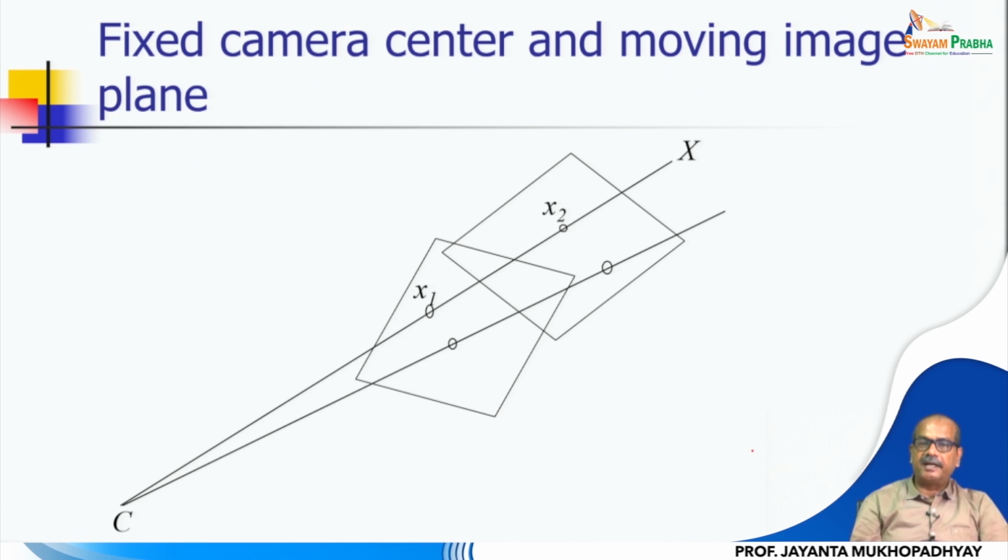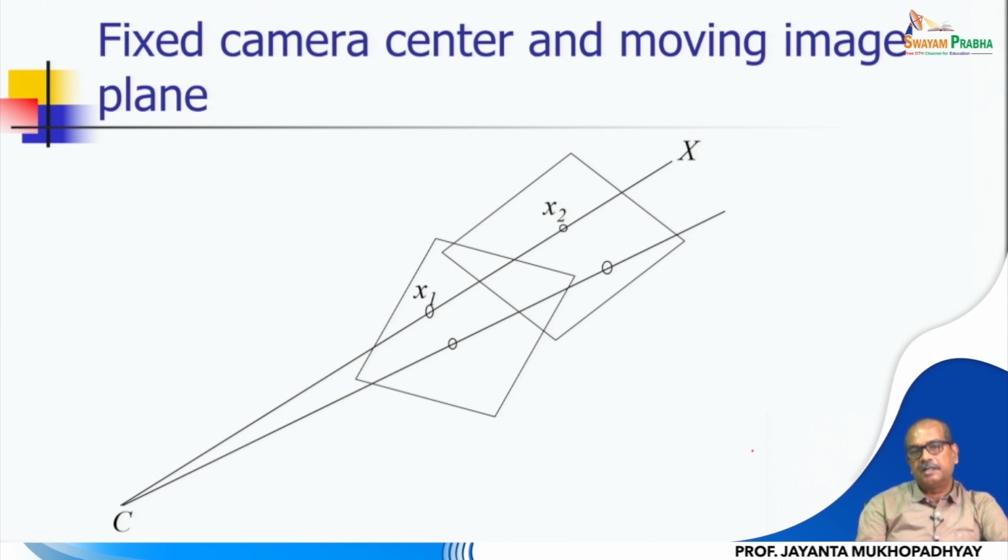Now let us consider another scenario, when we would like to see the respective transformation of two images when the camera center is fixed and the image planes are moving. So one is the fixed camera center and moving image plane, and we have shown here how the image planes are moving.